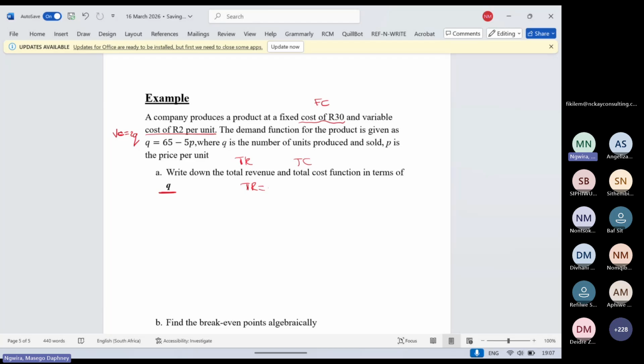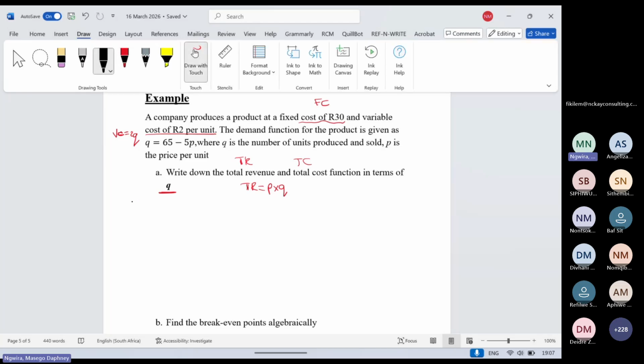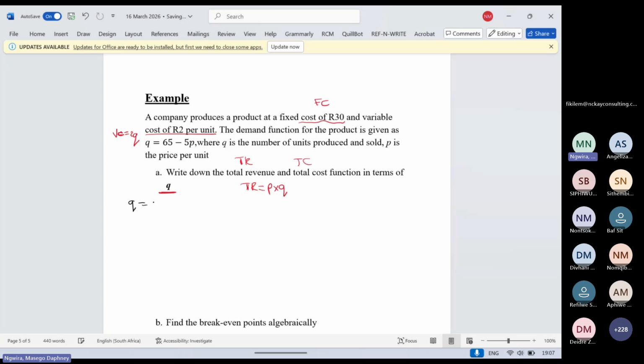So we firstly need to solve for the demand function and put it in terms of Q, not in terms of P. So I need to change this formula. Q is equal to 65.